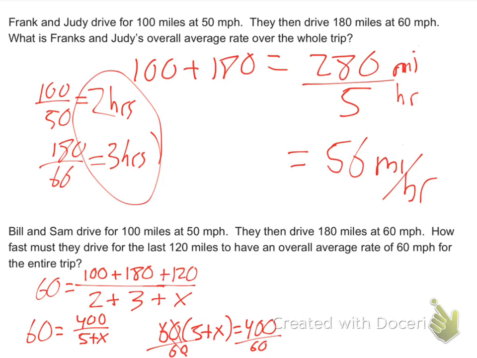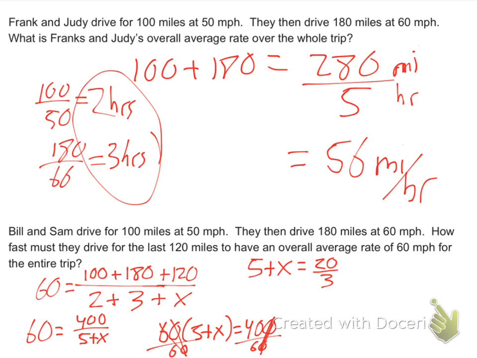Well, if we divide this out, I think we'll have 5 plus x equals 40 divided by 60. Well, I can divide the top and bottom by 10 and get rid of 0. And what's 40 divided by 6? 20 over 3? Yeah, something like that.